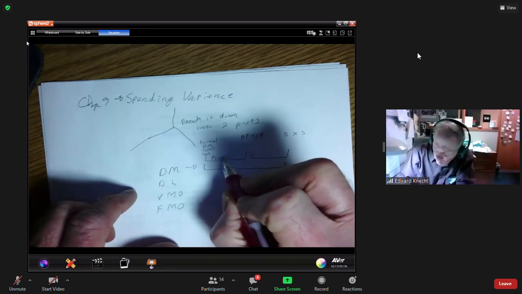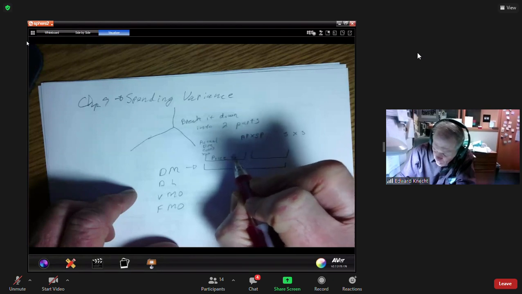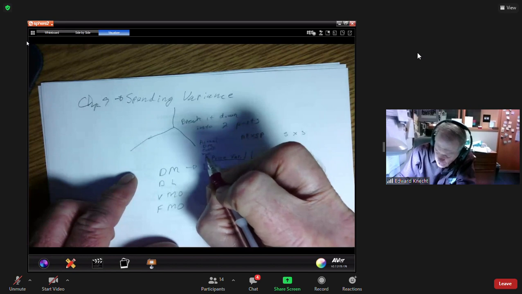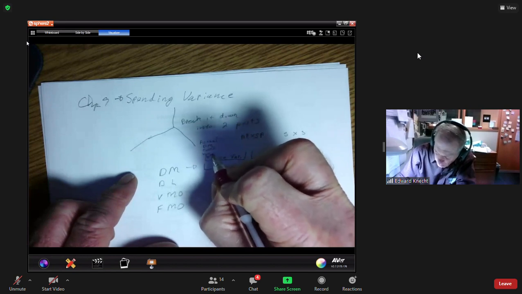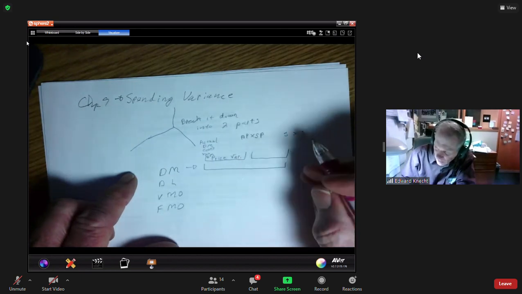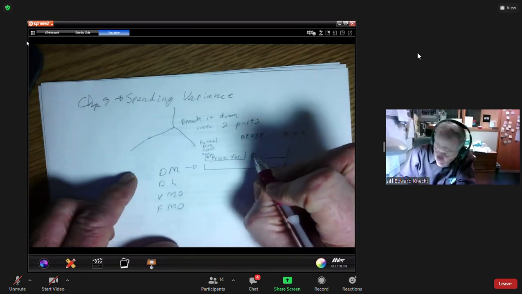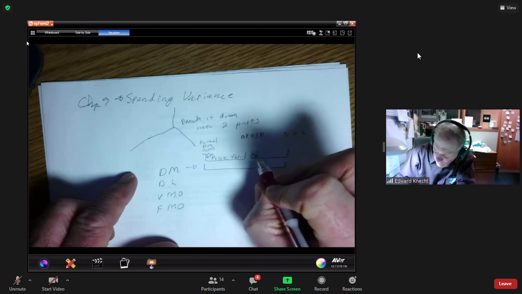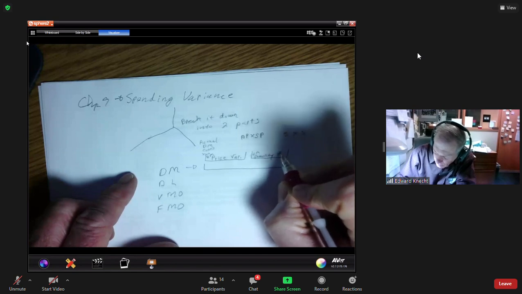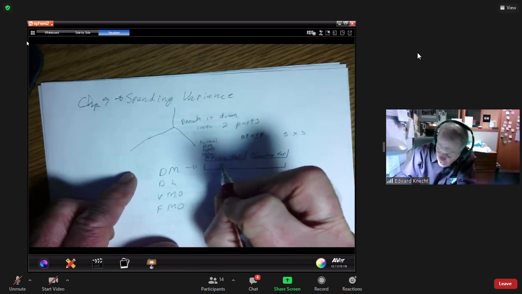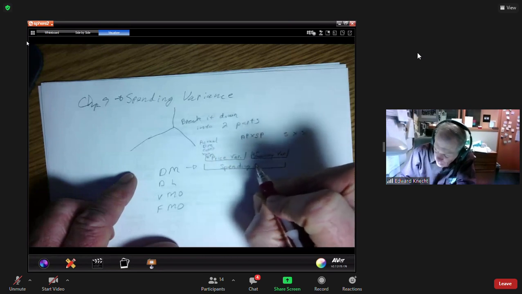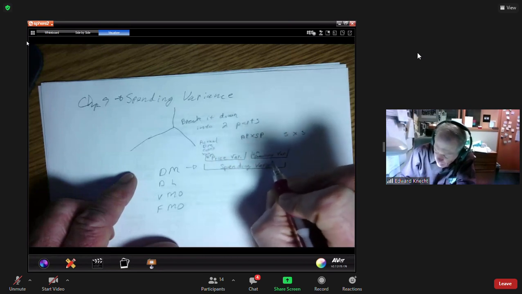We're going to abbreviate it: DM, direct material price variance, we're going to calculate. And then we're going to have direct material quantity variance. That comprises the spending variance for direct materials.